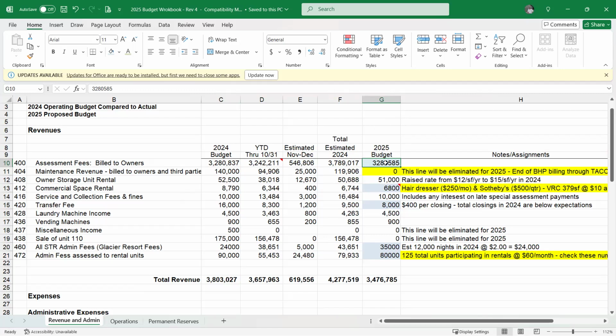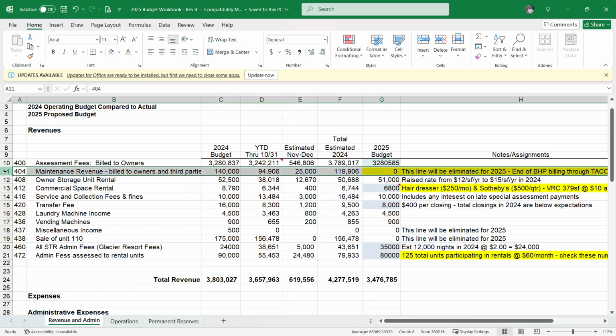This is just a plug number in here now, so that if we left the assessments exactly where they were, no change for 2025, we'd know where we stand with everything else being considered. Any board members who want to interrupt me at any time with questions, just go ahead and do it. Account 404 is maintenance revenue billed to owners and third parties.